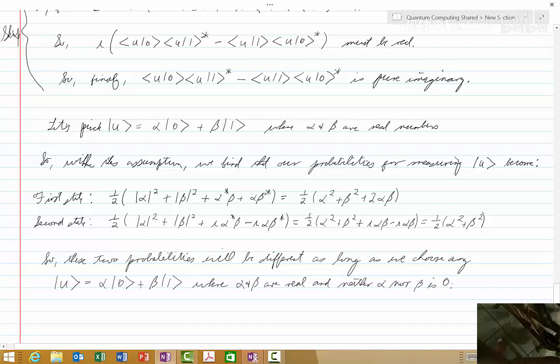This will be sufficient, because we have seen that we obtained these expressions for the probabilities: 1/2 of alpha squared plus beta squared plus 2 alpha beta in the first case, and in the second case simply 1/2 of alpha squared plus beta squared. We obtained those expressions as long as alpha and beta are real, and clearly those two expressions will be different from each other as long as 2 alpha beta is not 0, which is guaranteed as long as neither alpha nor beta is 0.